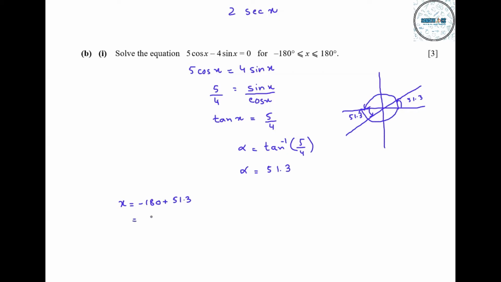So it is minus 128.7. Then we have first quadrant. In first quadrant, theta is equal to alpha, so x is equal to 51.3. Minus 128.7 and 51.3 are the required angles.